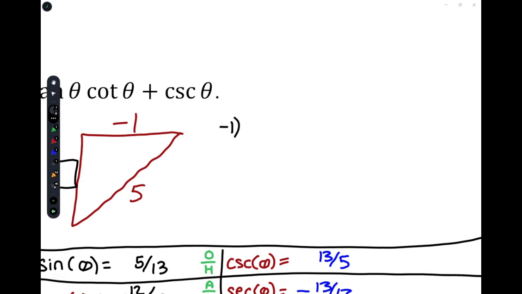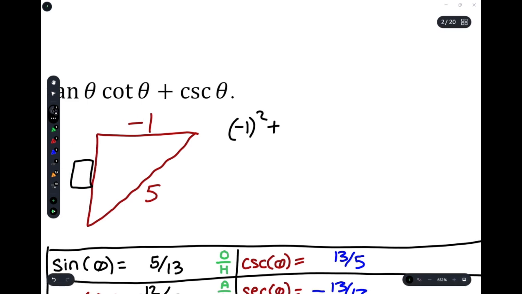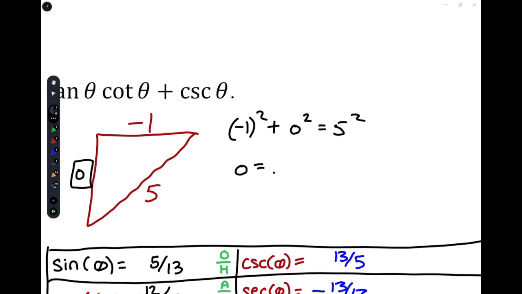So -1 squared plus, call it y for now? No, I don't like y. Opposite, O squared equals 5 squared, which means that O equals the big old square root of 25 minus 1. Root 24.